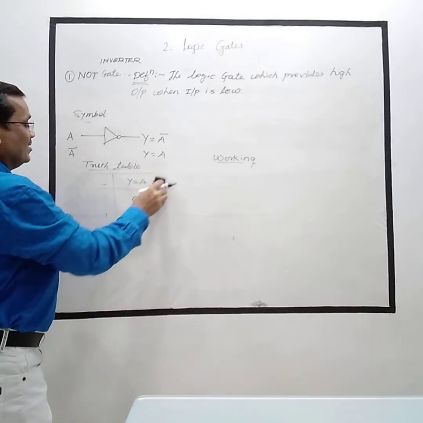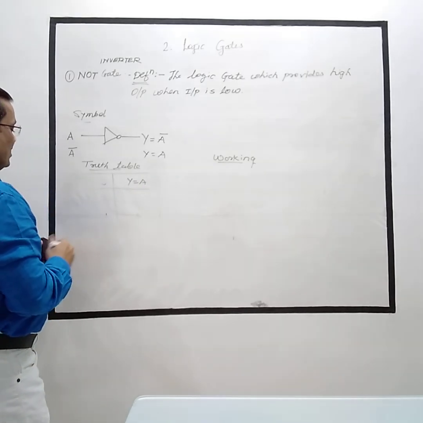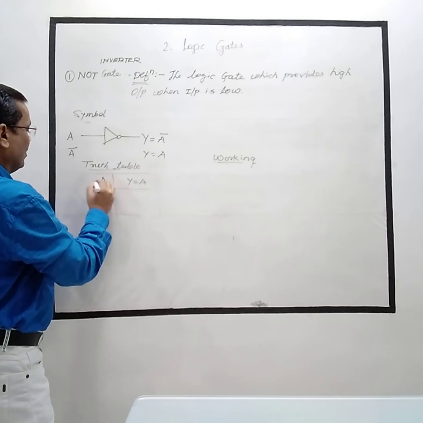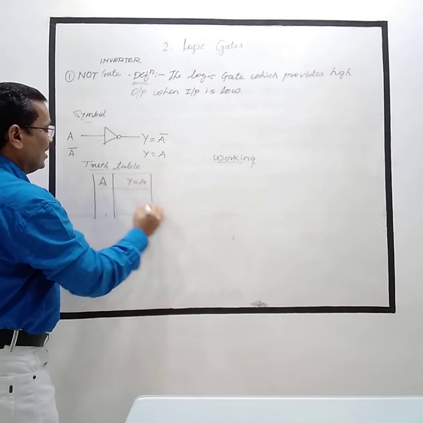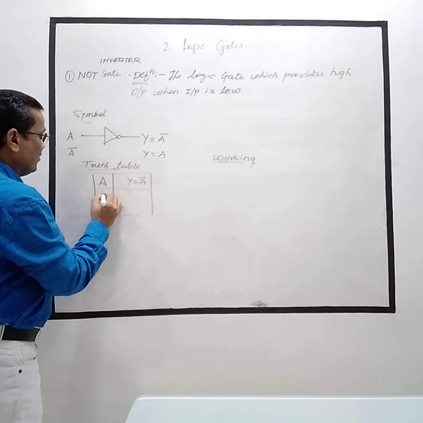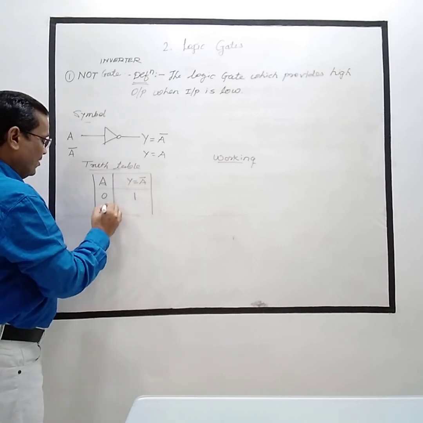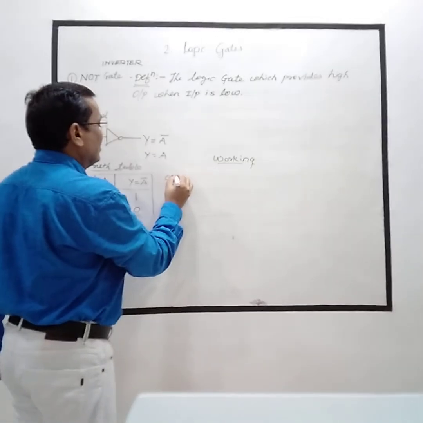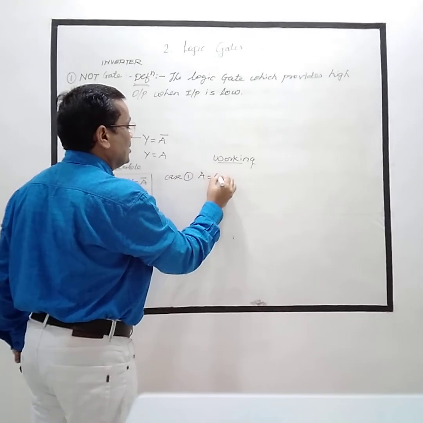Now the truth table is like this. Only one input A and only one output Y is equal to A complement, A bar. If A is 0, output is 1. If A is 1, output is 0. Working, case number 1: A is equal to 0.